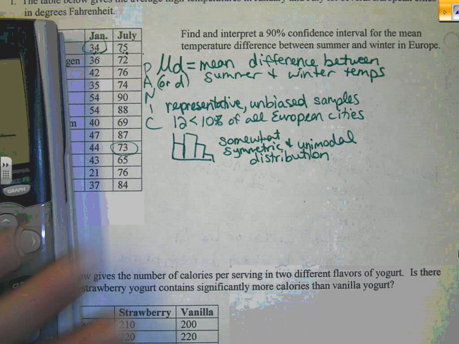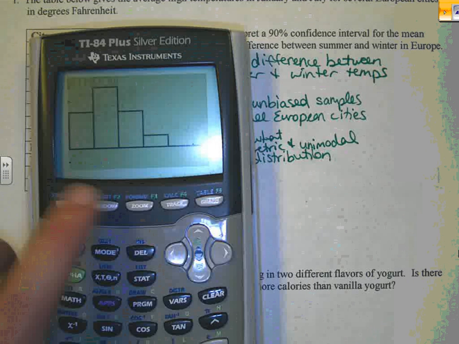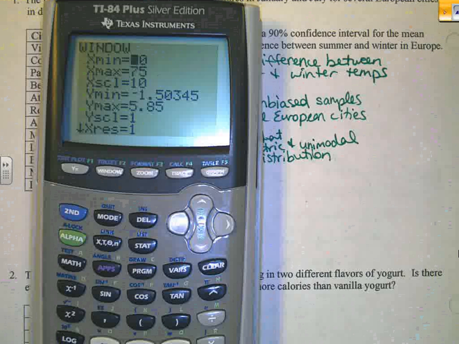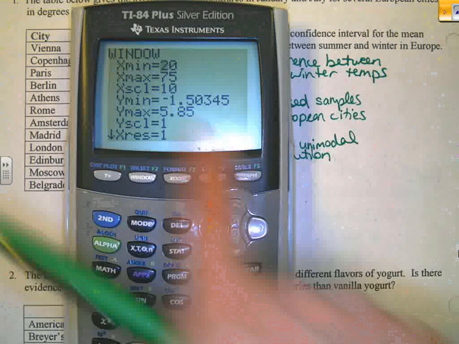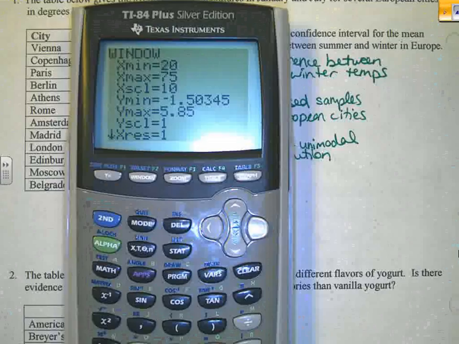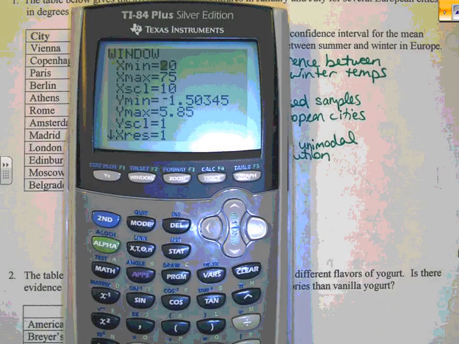Yeah, I can show you. I just made the window more normal round numbers. I went from 20 to 75 and then 10. You can just kind of play with the numbers to get it a little more normal.